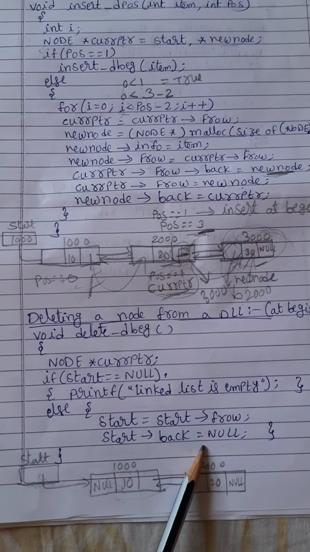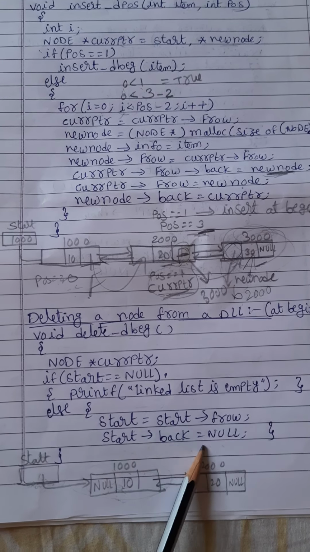Otherwise, here I have entered three nodes, the first node, second node and the third node, so that start contains the address. If start equal to null then it is empty. We can't delete the element, the linked list is empty.